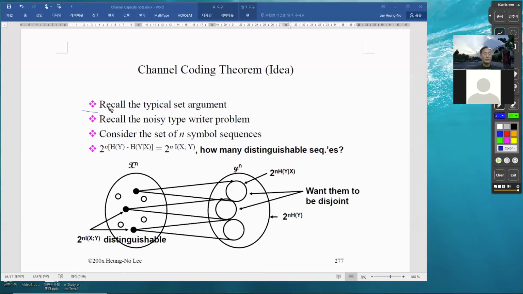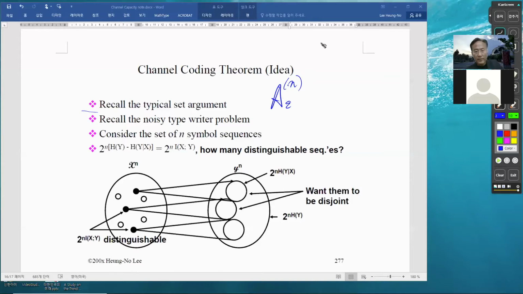Recall the typical set argument. We talked about the typical set, epsilon, and the length n. So the typical set has to do with the length of the sequence, in this case the length of the codeword, and the typical set argument involves epsilon, a small number.